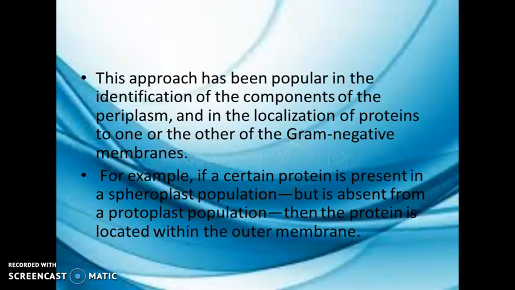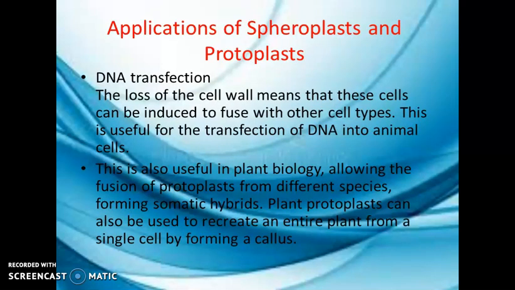But if the proteins are present in the sphaeroplast population, it might be present in the outer membrane because it has been developed from gram-negative bacteria. So these are the applications.